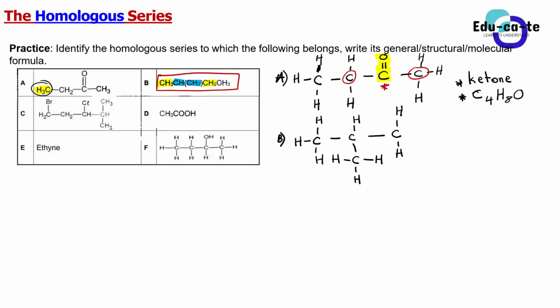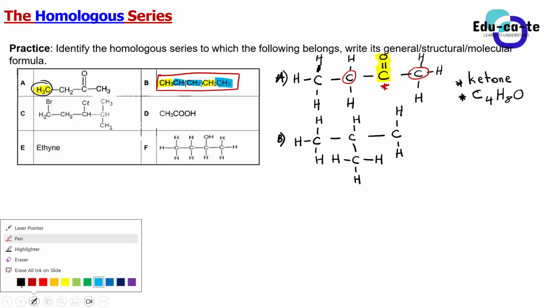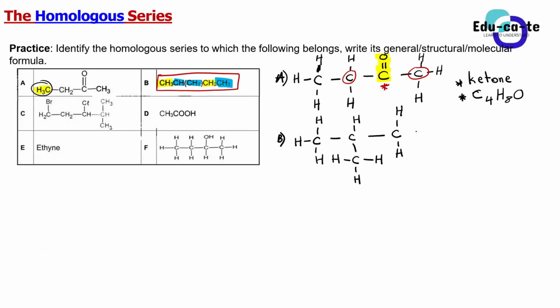So it means we've got a carbon that is bonded to three hydrogens. This is the CH3 part. So do you guys see the complete structural formula for compound B?